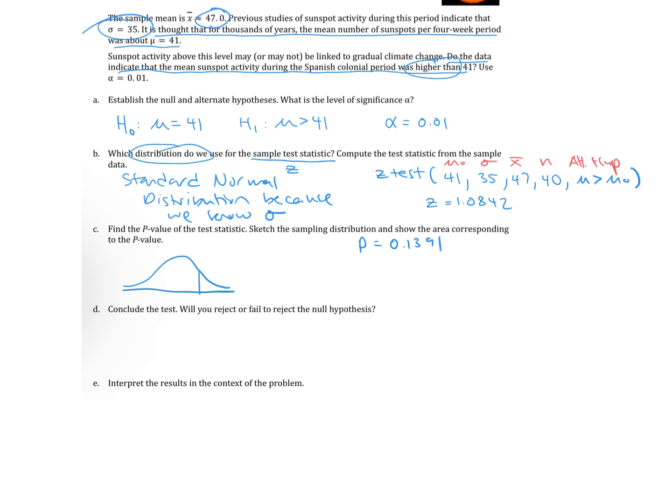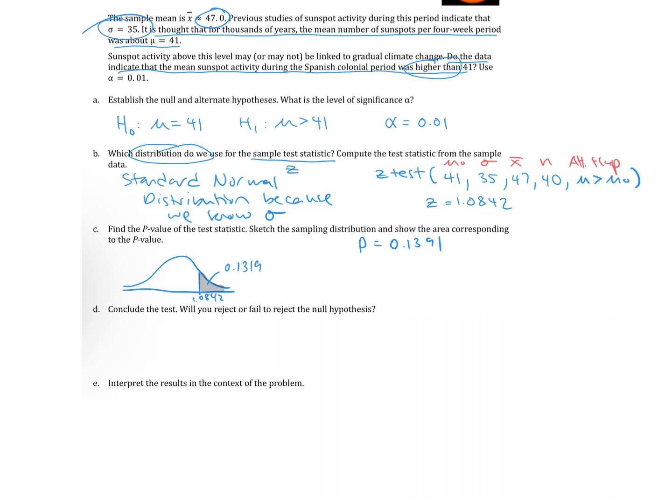So the z-value is 1.0842, and the p-value is this area to the right of that line.